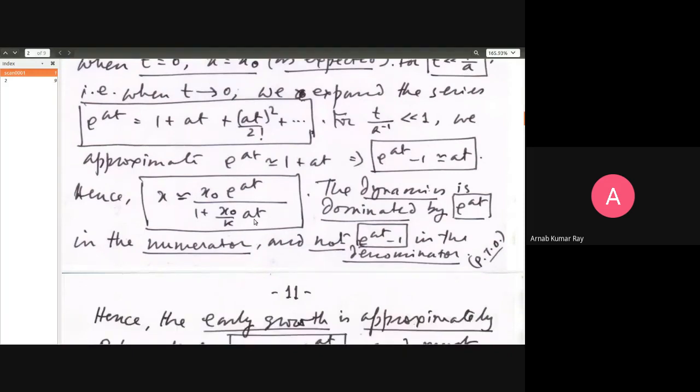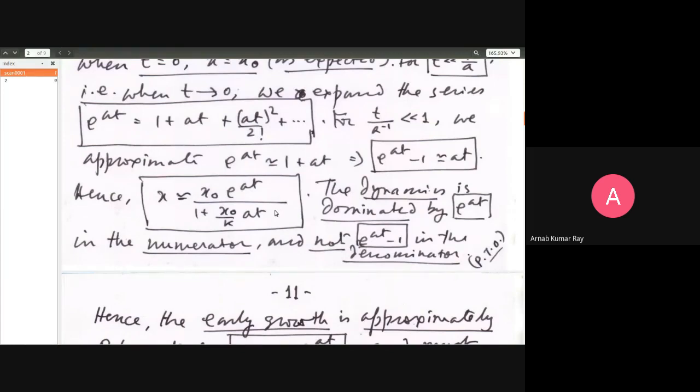Now, let us look at the behavior of the mathematical formula that we have here. Follow the logic a little carefully. Exponential growth is always faster than linear growth. I hope you appreciate that fact.